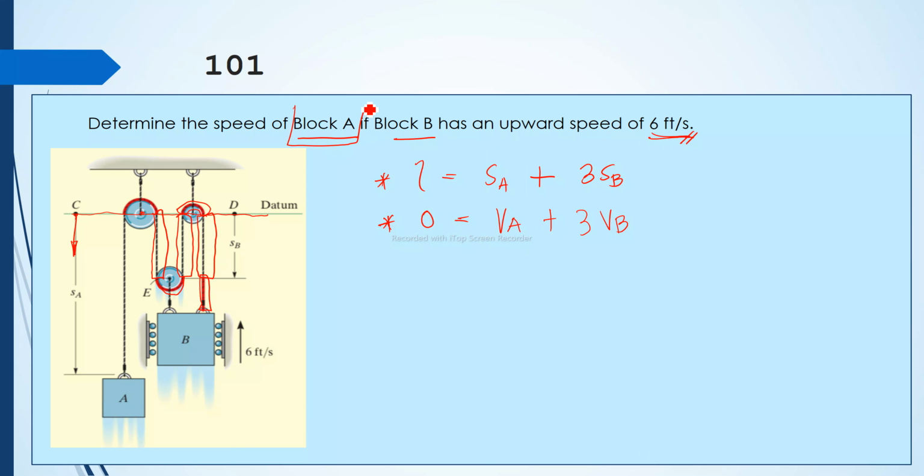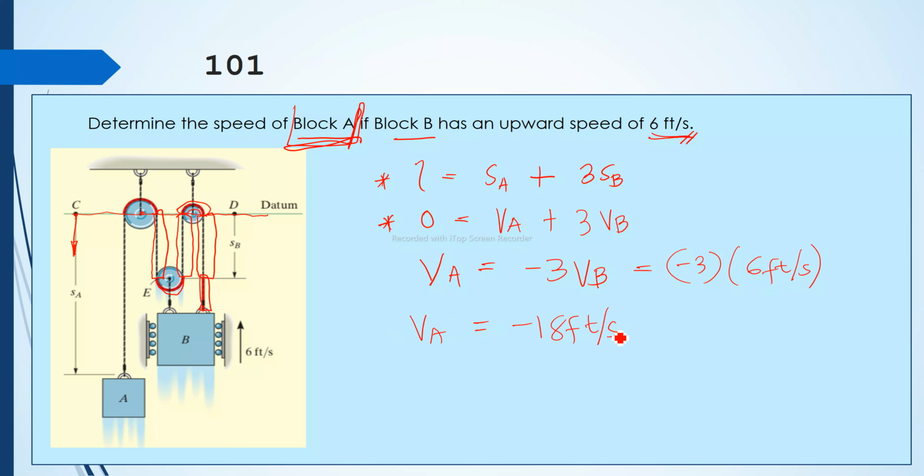Now, we were asked to find the speed of block A. So the velocity of A is just equal to negative 3 times the velocity of B. You just substitute the speed of block B, which is 6 feet per second. So the velocity of A is equal to negative 18 feet per second. Now, the negative sign shows the direction of our velocity.